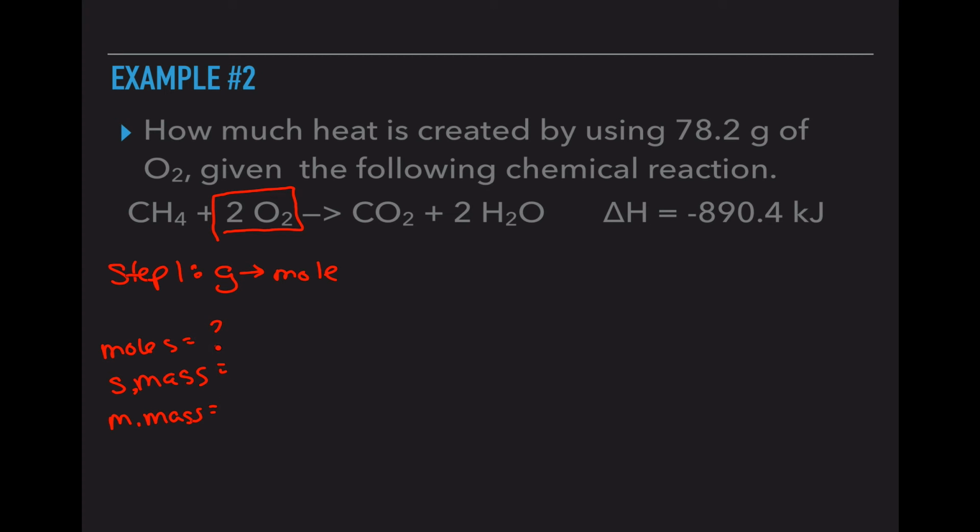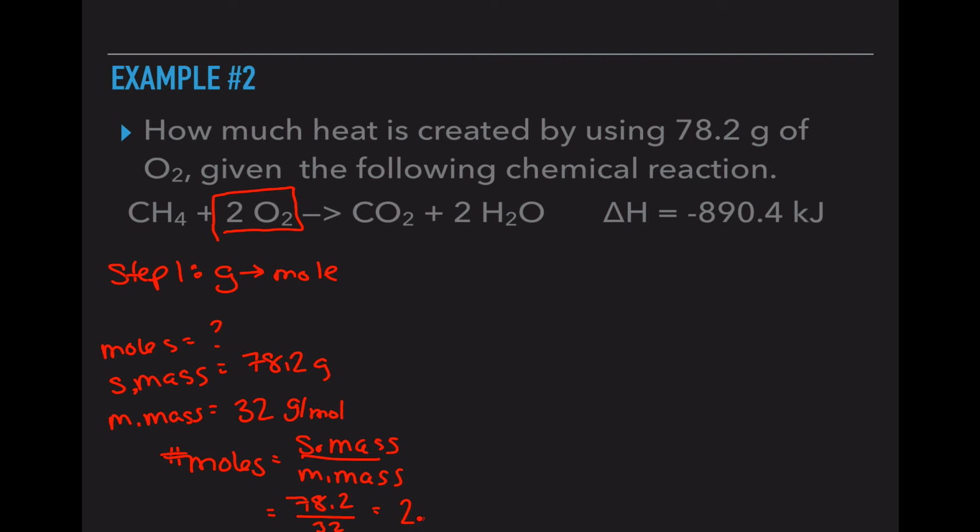My moles is unknown, my sample mass is 78.2 grams, and my molar mass of O2 is roughly 32 grams per mole. So number of moles is S mass over M mass, which is 78.2 over 32, which equals 2.44 moles.